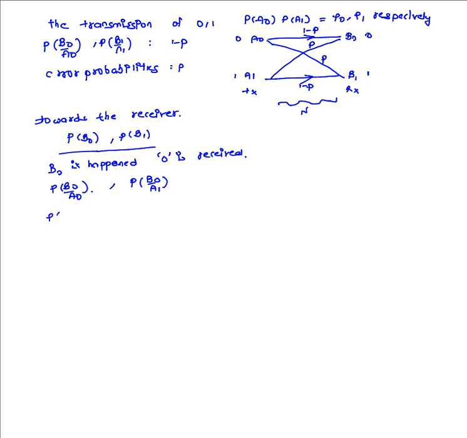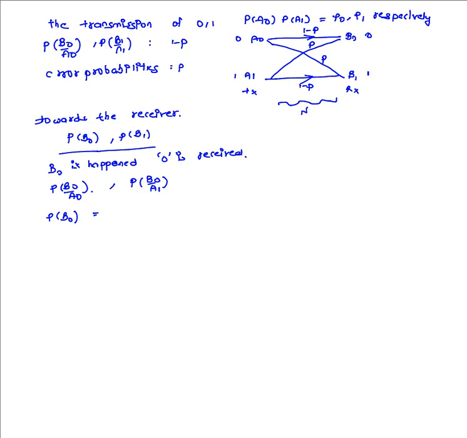Now, probability of b naught is happening only in two cases: when b naught is received when a naught is transmitted, and b naught is received when a1 is transmitted. So b naught comprises two smaller events, which are probability of b naught given a naught has happened, and probability of b naught given a1 has happened.